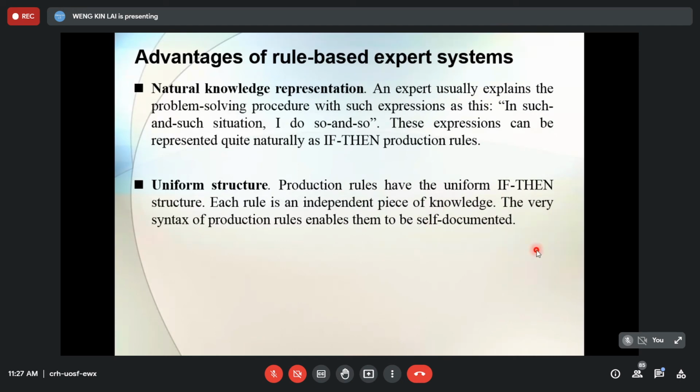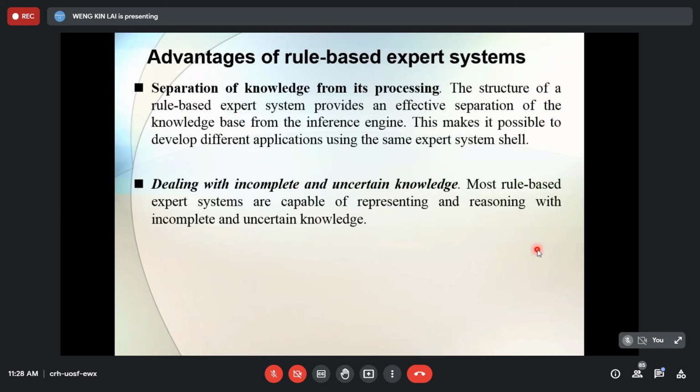So you can look at the rule and say, that's why the system tells me that I should not bring an umbrella today, because it will not rain, because of these rules. The rules themselves are easy for us to understand: why you tell me to do such a thing.